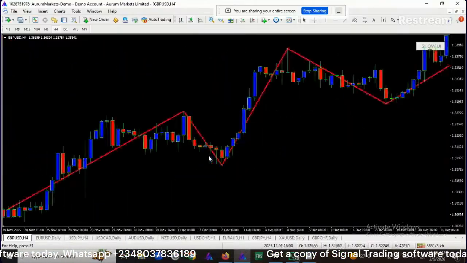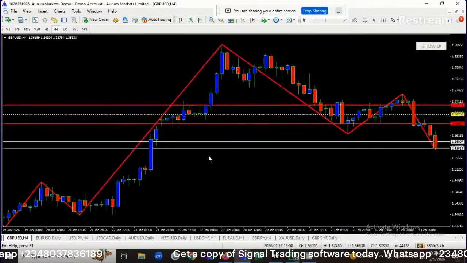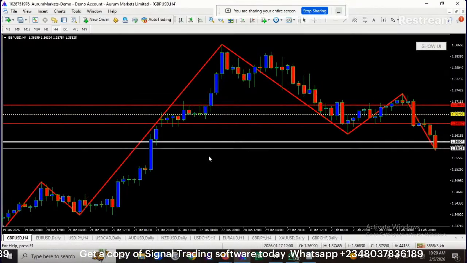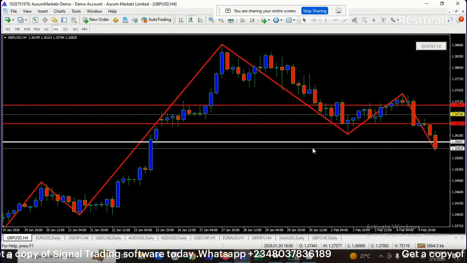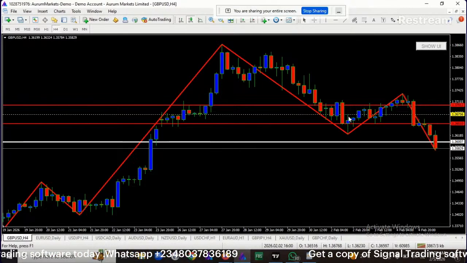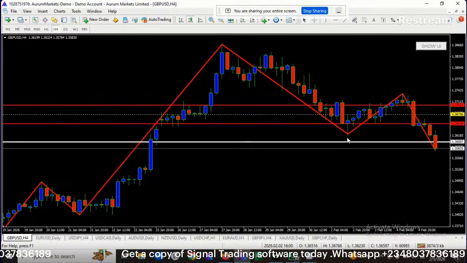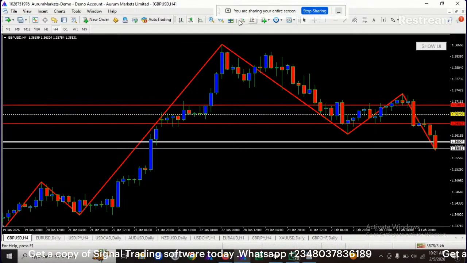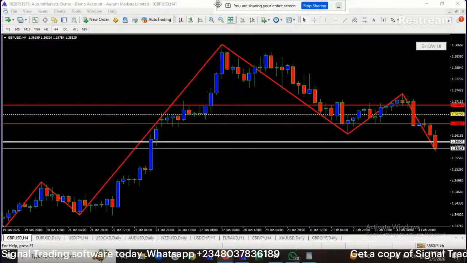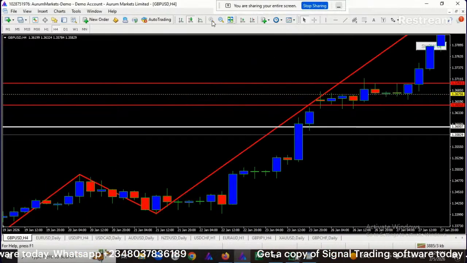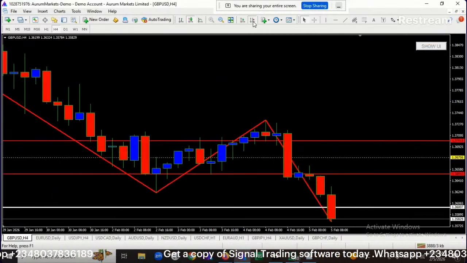Let's see. Okay, so we also had a hammer here. Why is this a hammer? Now, a valid hammer is not supposed to have a wick above it, but like I said, it's very difficult to find a candle without a wick above it and below it this time.